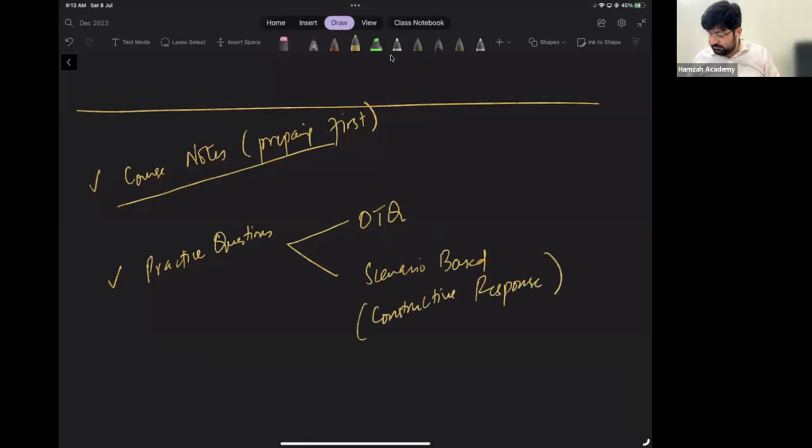Now, the point is, how many of you know that ACCA has introduced their own study material? Tell me in the chat box. How many of you know that?